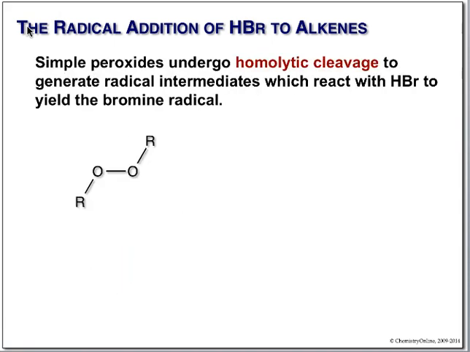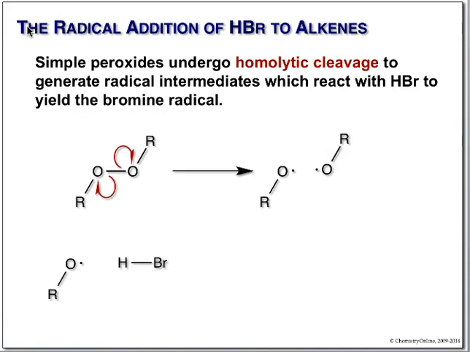All right, let's take our peroxide and let's split it, and let's see if we can figure out what's going on here. When we do split this, we wind up with 2 peroxy radicals. Now, in our pot, we also have HBr. Radicals are very reactive species. A radical has this unpaired electron, and that makes it very electron deficient.